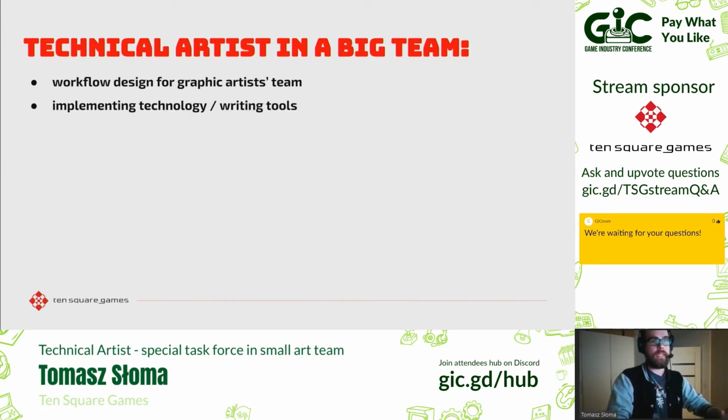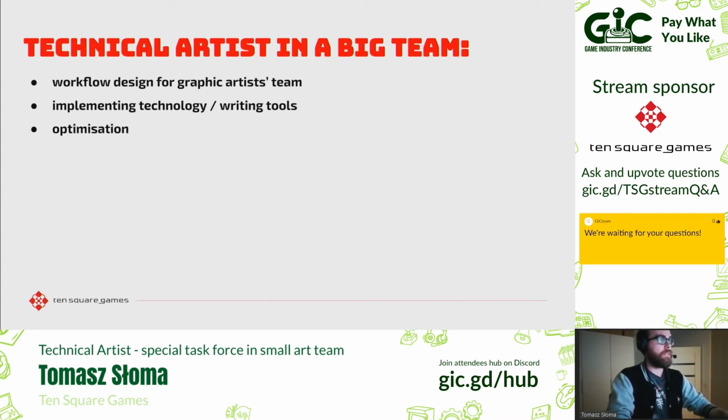Even things like exporters and importers, or live links between programs like Blender or 3ds Max and the game engine, so without importing and exporting, we can live check how the assets look as we create them. These are things that technical artists write, or if they exist, they implement them in the pipeline.